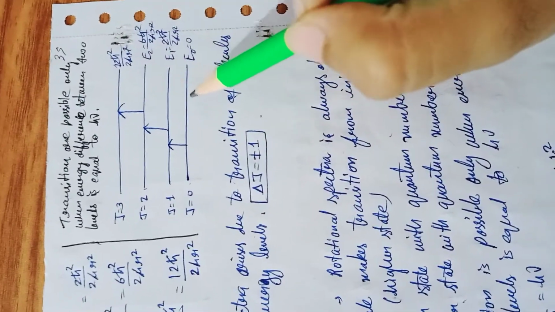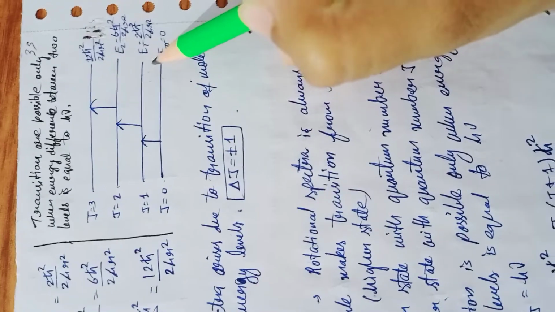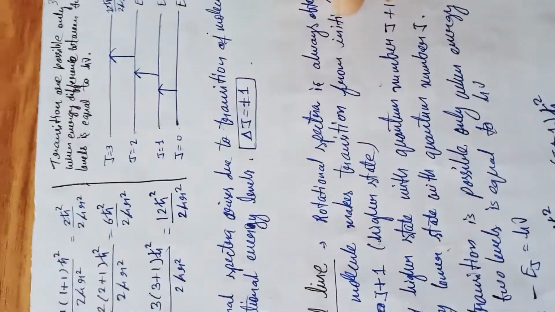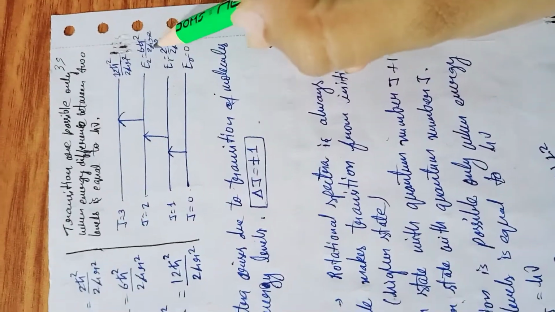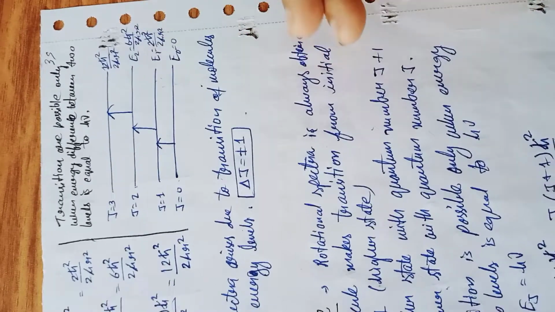And these transitions are possible only when the difference between the two levels is equal to h nu. So we should put E1 minus E2 equal to h nu.